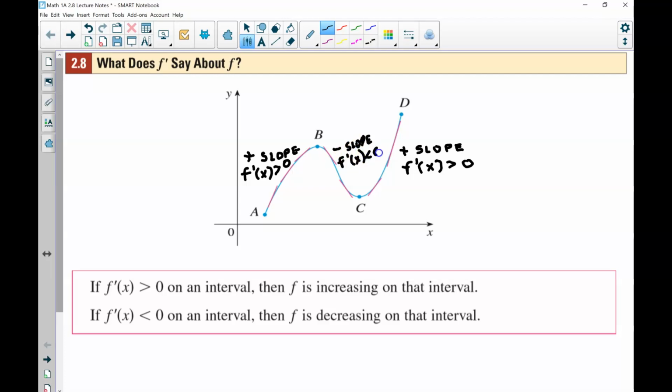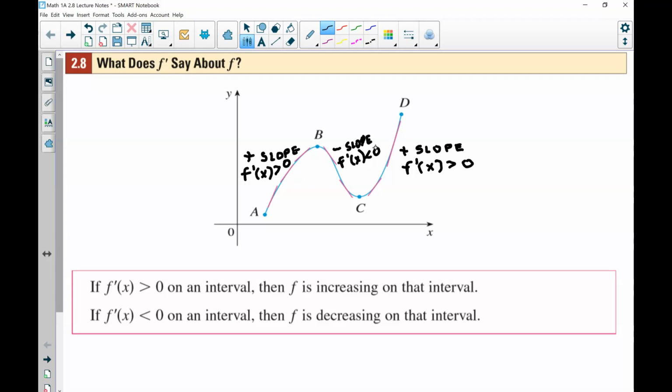So we're going to have to use this information to answer the preceding questions that we're going to see in this particular section. So it appears that f increases when the derivative, or f prime of x, is positive, and it decreases when the f prime of x, or the derivative, is negative.